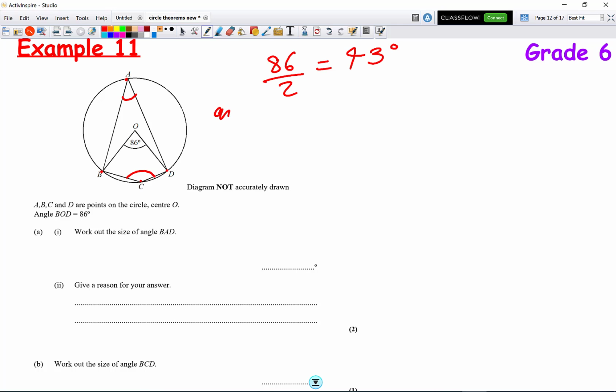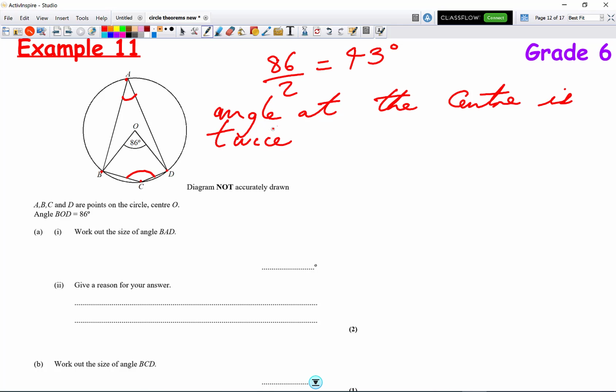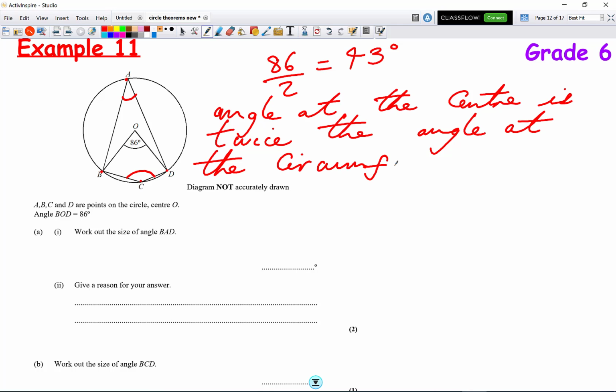And the reason we're going to write down is that the angle at the center is twice the angle at the circumference. That's the first part done. So angle BAD is 43 degrees, and I've already stated my reason.